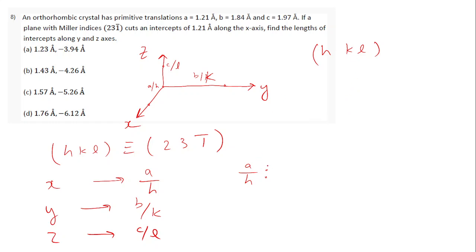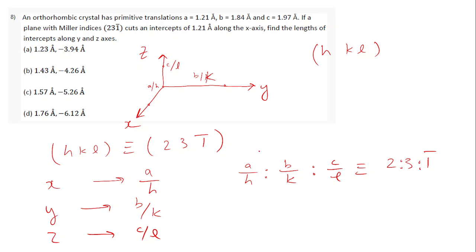They have been converted into whole numbers, so actually they are ratios. So the ratios A by h, B by k, and C by L are 2, 3 and 1 bar.